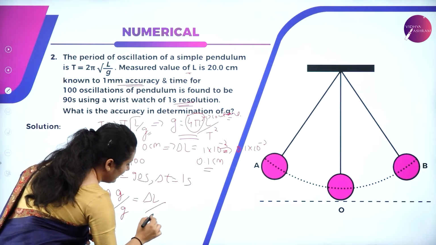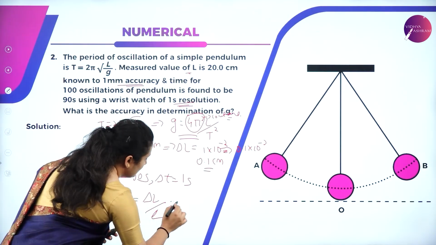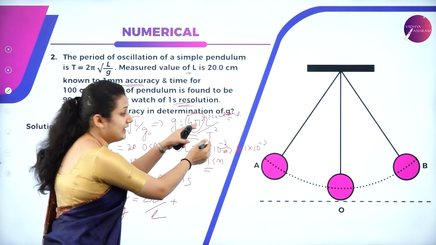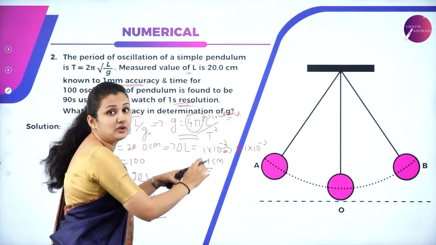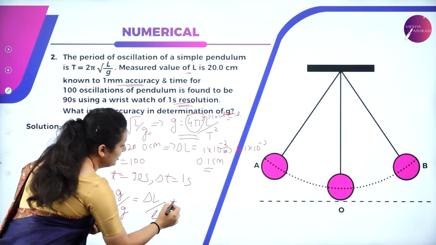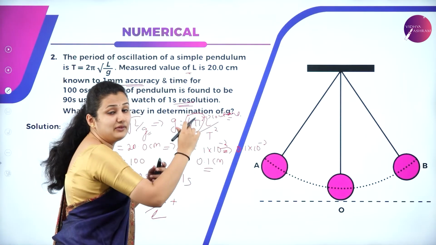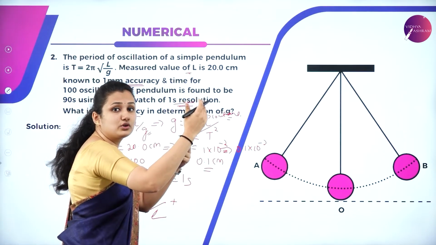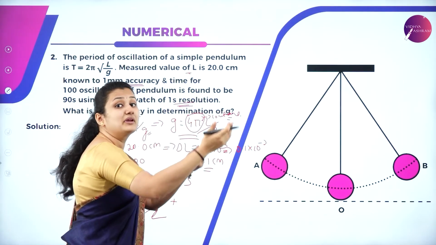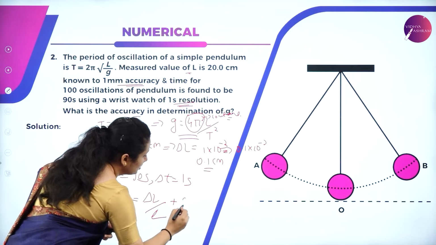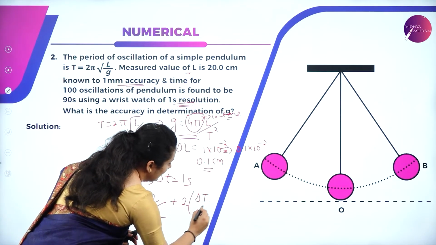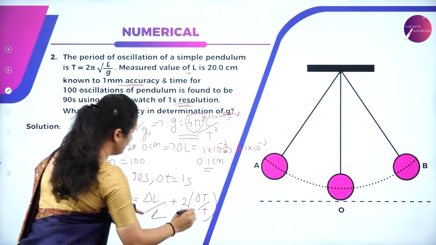I will write delta L by L plus, either you multiply or you divide, relative error will be the sum of. So, it will be plus, you know the power exponential rule. It will be T to the power 2. Any physical quantity raised to the power 2 or raised to power K will be K times. So, it will be 2 times delta T by T, the relative error of the physical quantity.